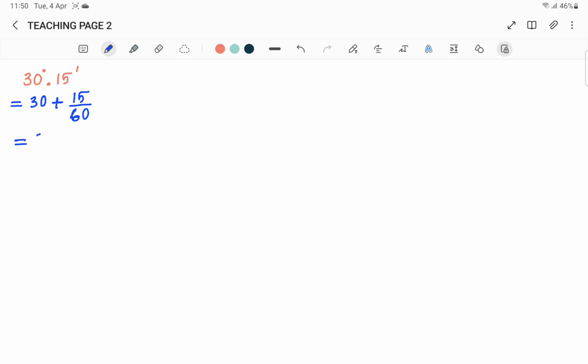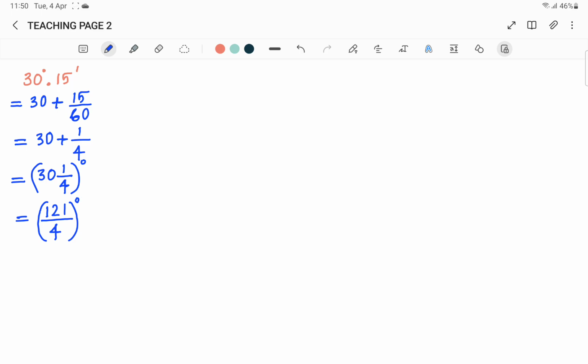That will be equal to 30 plus 1 by 4, which can be written as 121 by 4 degrees.